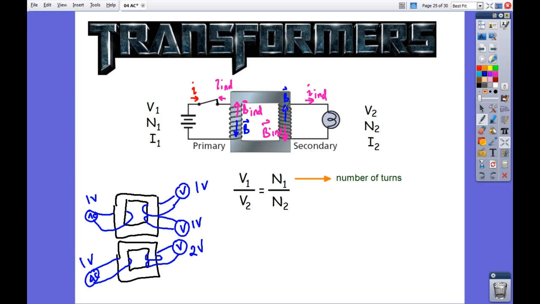So with many more turns in the coil, there is less current. So I2 is actually less than I1 if the secondary coil has many turns. That means the current is inversely proportional to the number of turns. So we can write I1 over I2 equals N2 over N1.